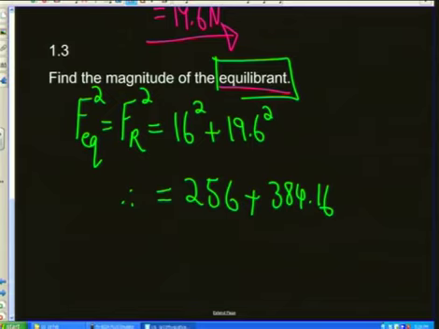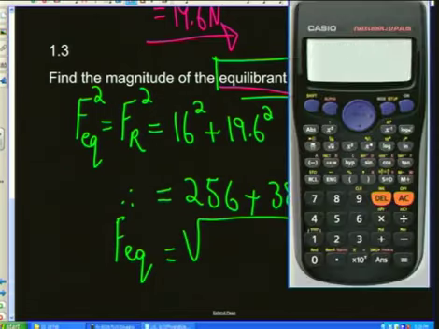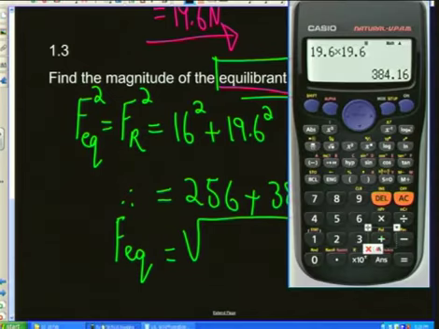384.16. So your equilibrant, remember now it's a square of everything that you're going to get here, will be a square of that plus 256, all right?